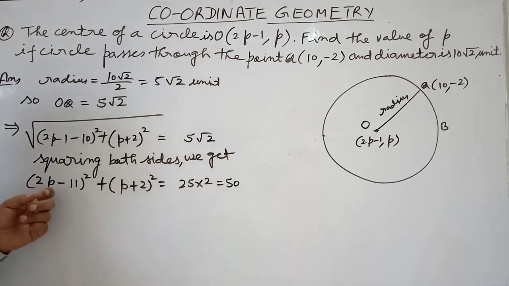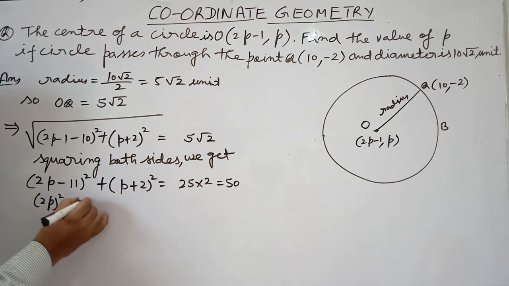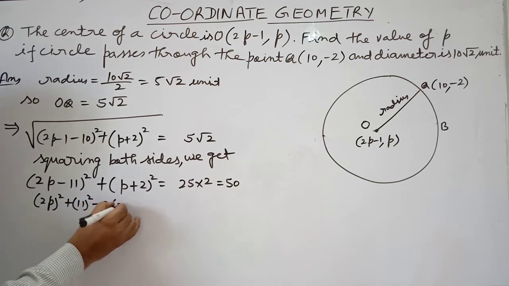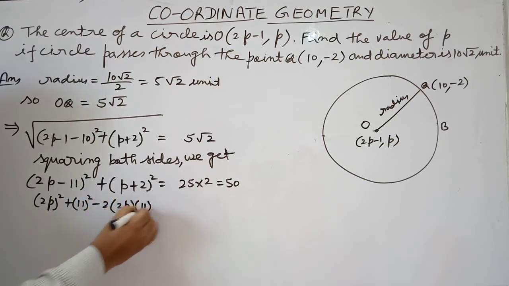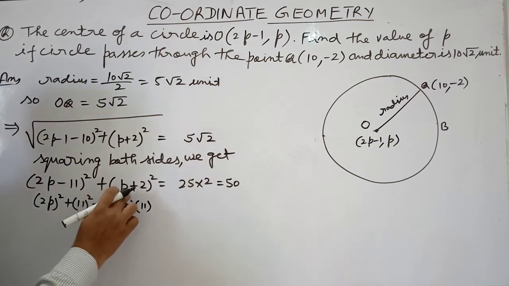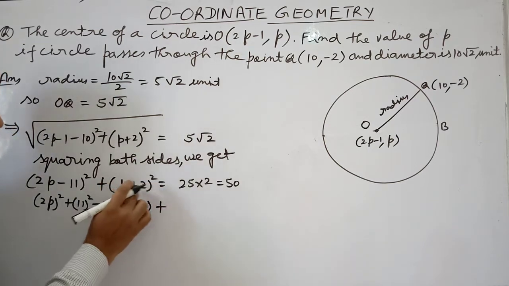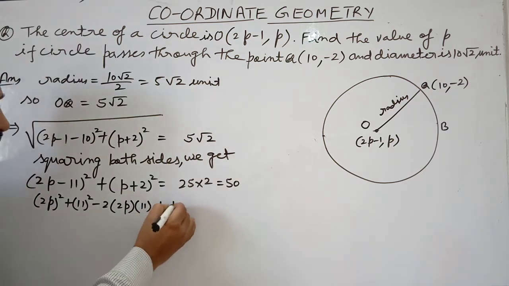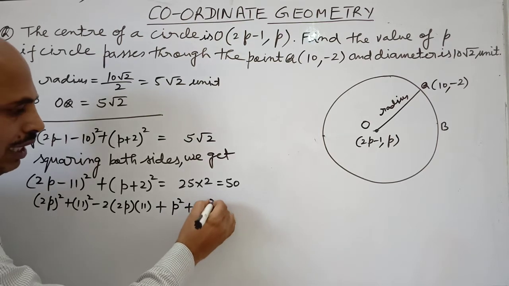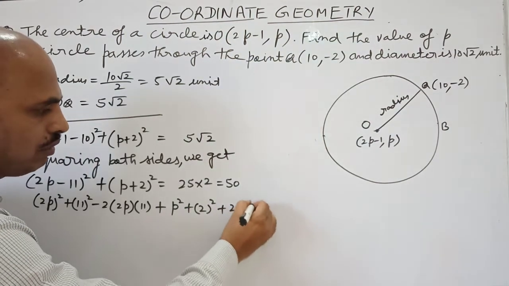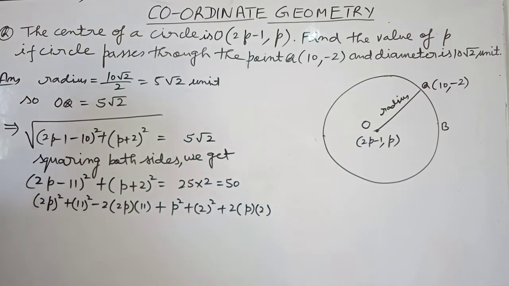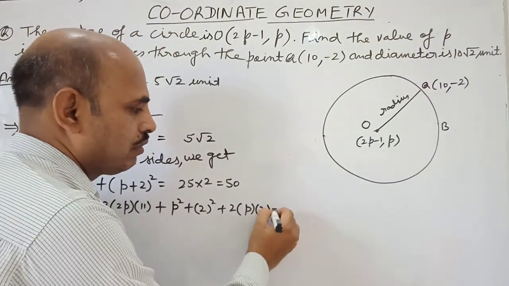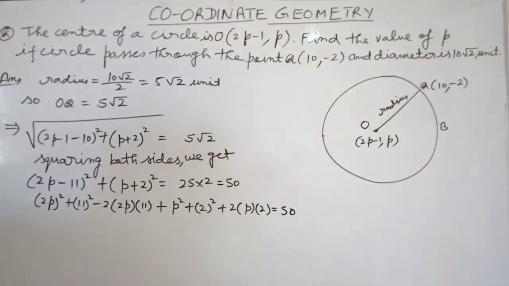Expand this by using the identity (a minus b) whole square equal to a square plus b square minus 2ab. Here (p plus 2) whole square, expand this by using the identity (a plus b) whole square equal to a square plus b square plus 2ab, equal to 50.